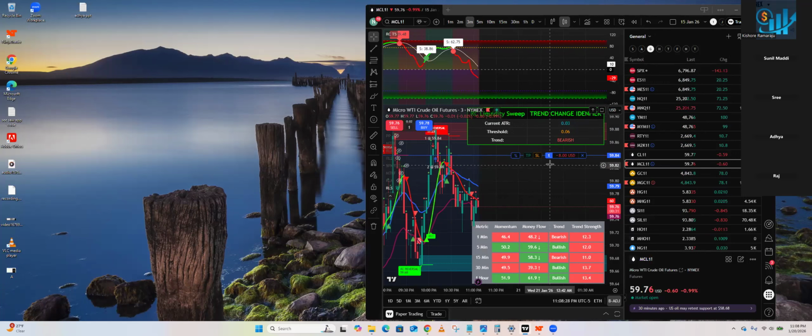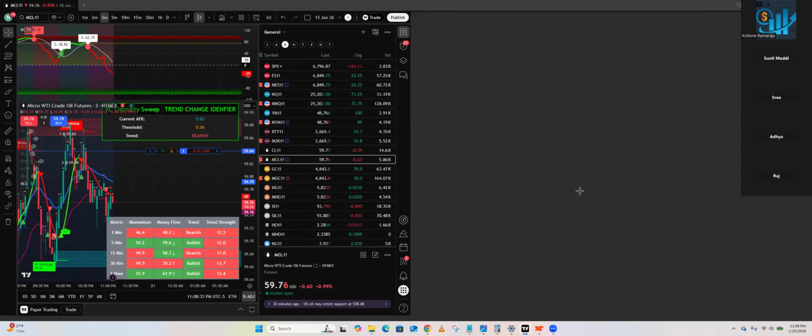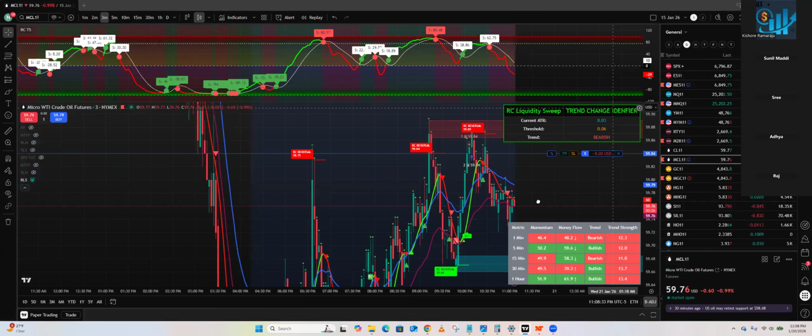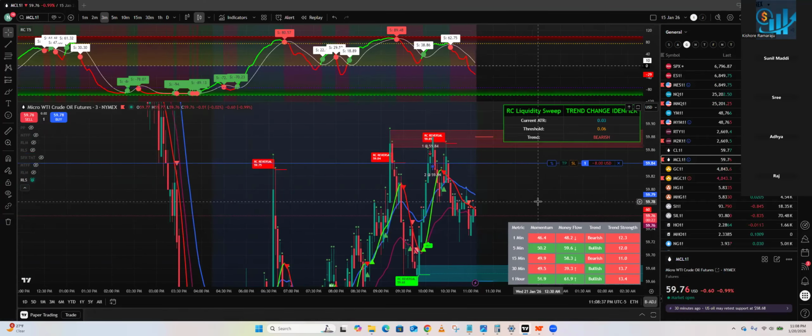If it is just moving between 0.03 to 0.06 in each 3 minute candle, then it is fine. But if it is making very big candles within 3 minutes, that means it is a little risky.